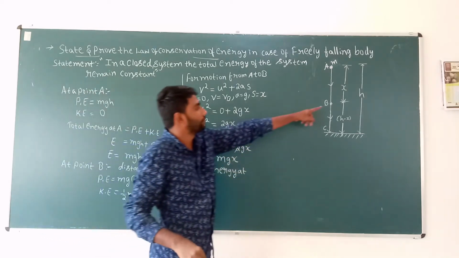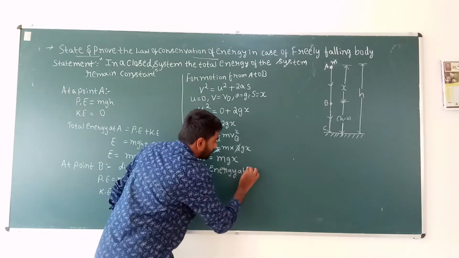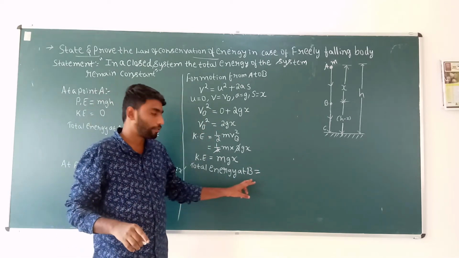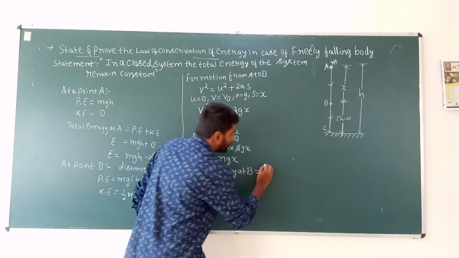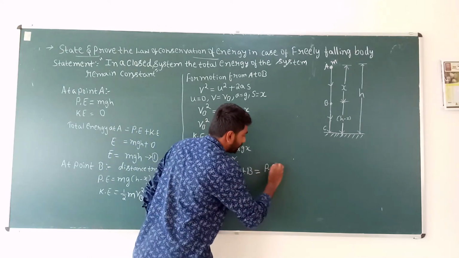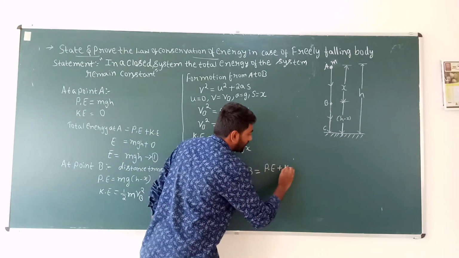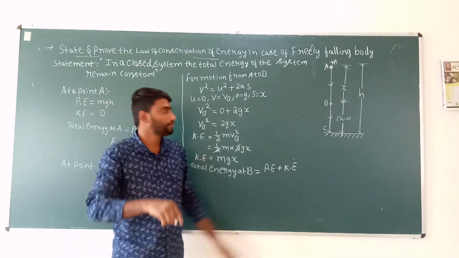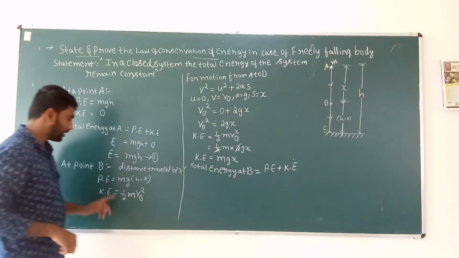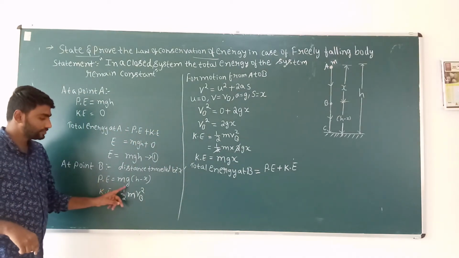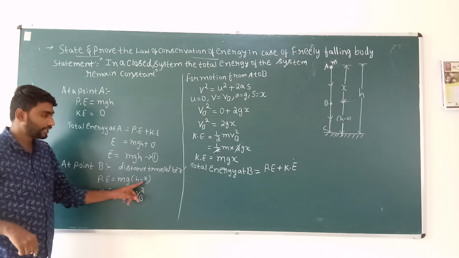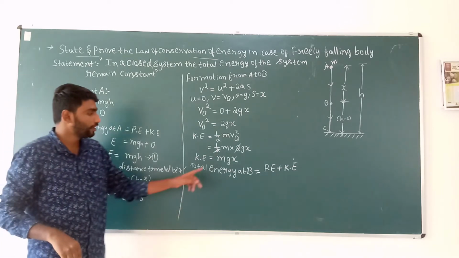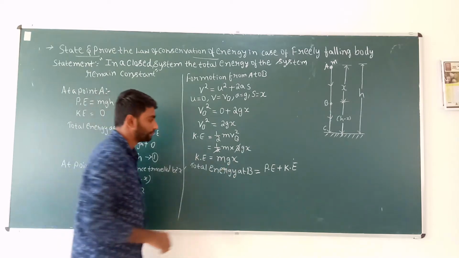Now the total energy at point B equals potential energy plus kinetic energy. At point B, the potential energy is mg into (h minus x) and the kinetic energy is mgx.